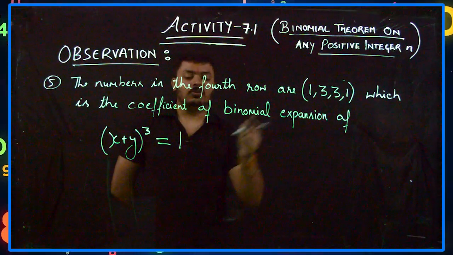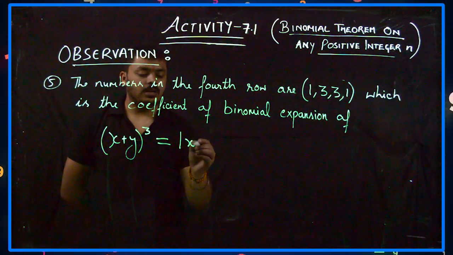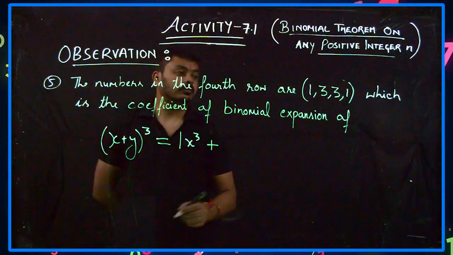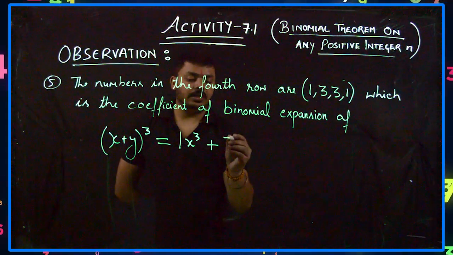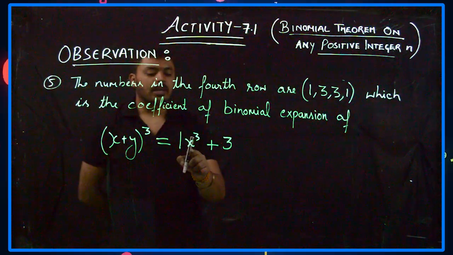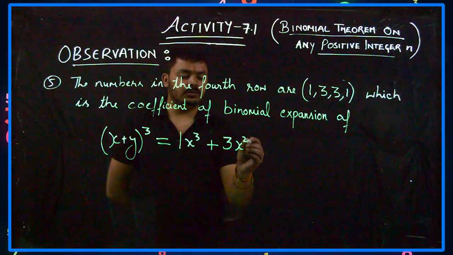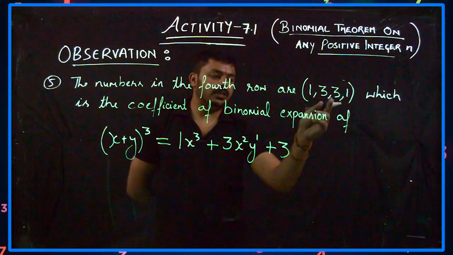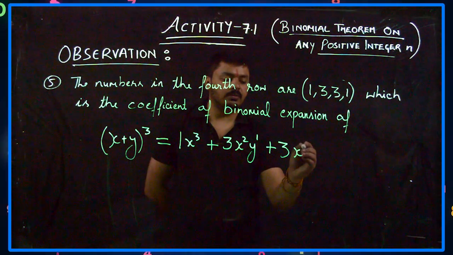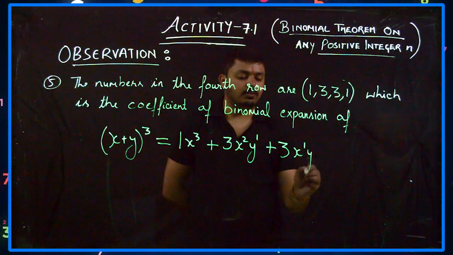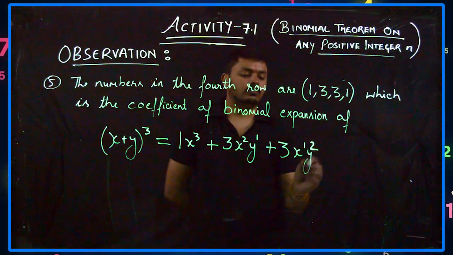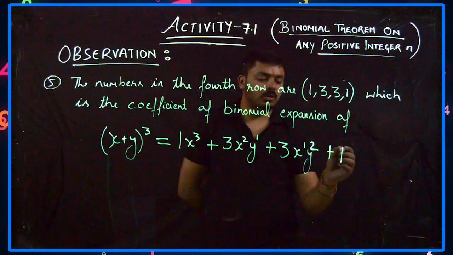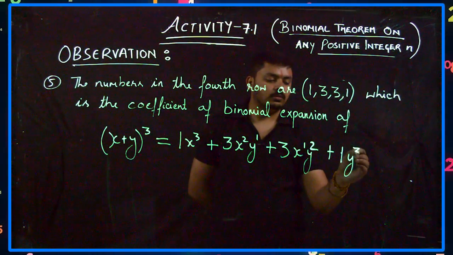First digit of coefficient is 1, so 1x cube plus the next coefficient is 3. Now x power decreases by 1, 3x square, and y increases by 1. Now next coefficient is 3. Now x power decreases by 1, x to the power 1 and y to the power 2. Plus the next coefficient is 1 and x to the power 0 and y to the power 3.